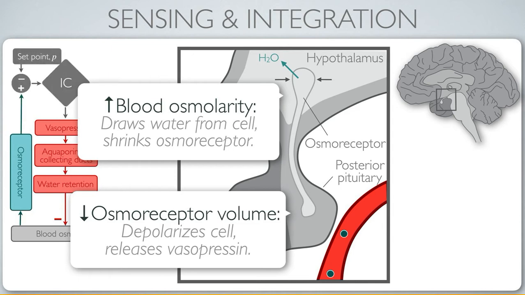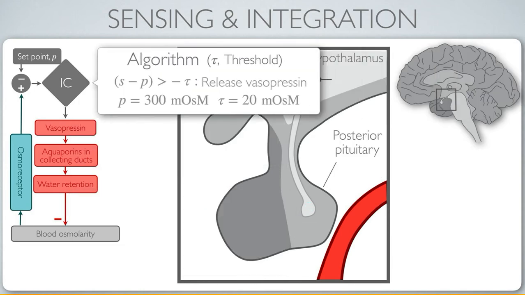Decisions are made based on how much volume change there is in these cells about how much vasopressin is released. Now we have more detail on that decision making. The algorithm that controls osmolarity through the osmoreceptor is a little bit different from some of the algorithms that we've considered so far.